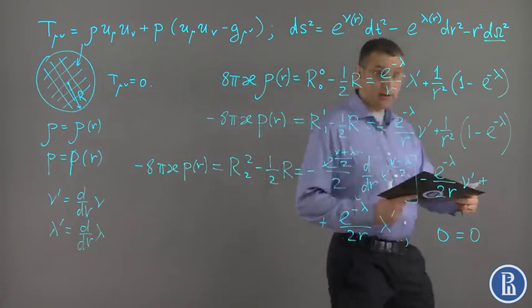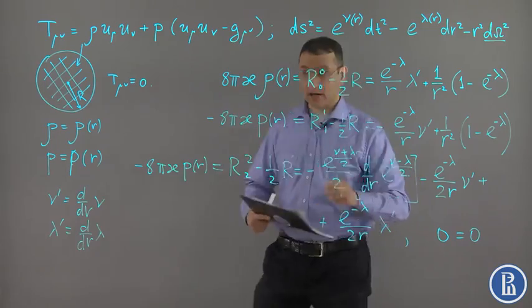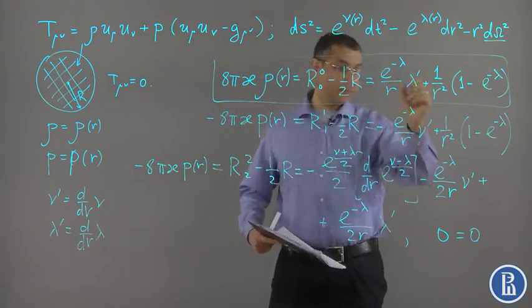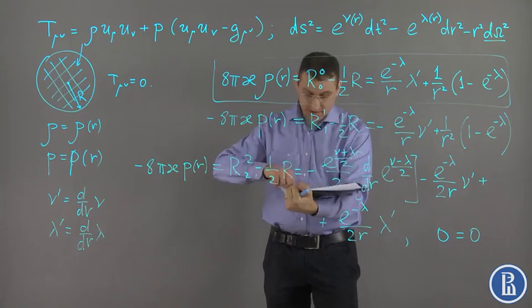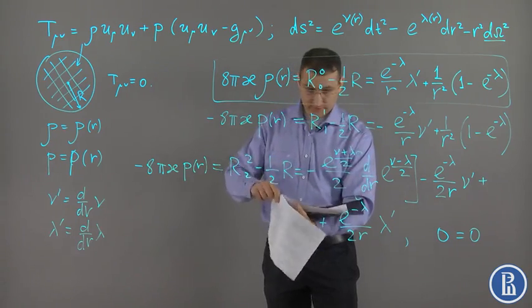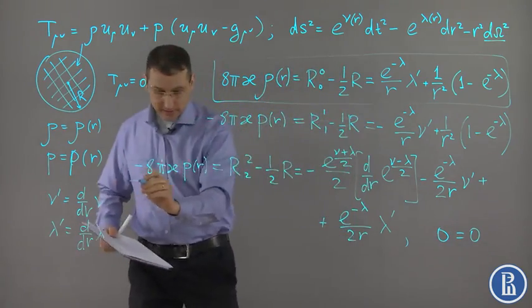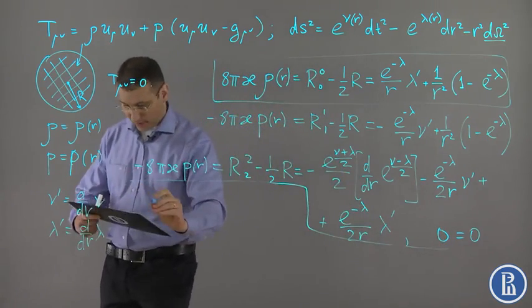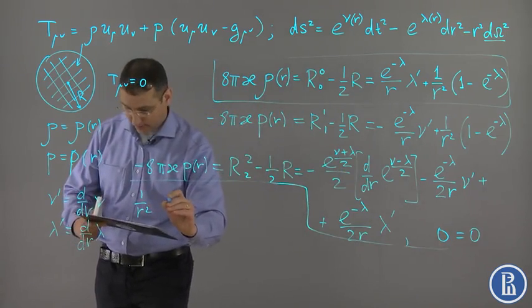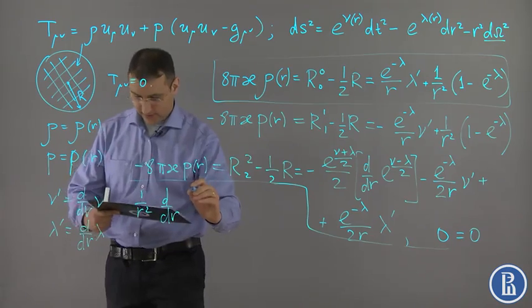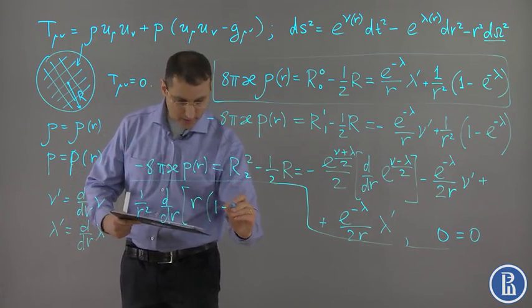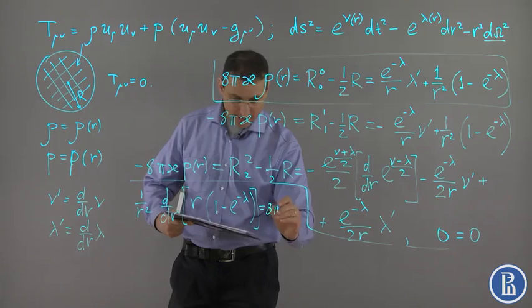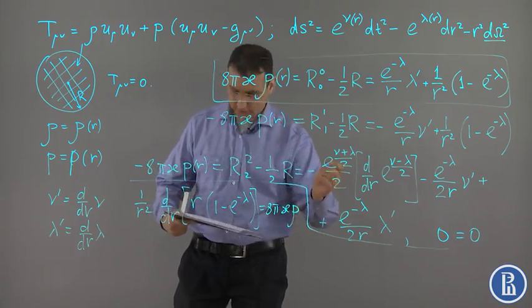So let me start with the consideration of this equation. It depends only on lambda, as one can see, and can be easily solved. First of all, it can be represented like this: 1 over r squared d over dr of r times (1 minus exponent of minus lambda), an easy exercise, is equal to 8 pi kappa rho, which is a function of r only.